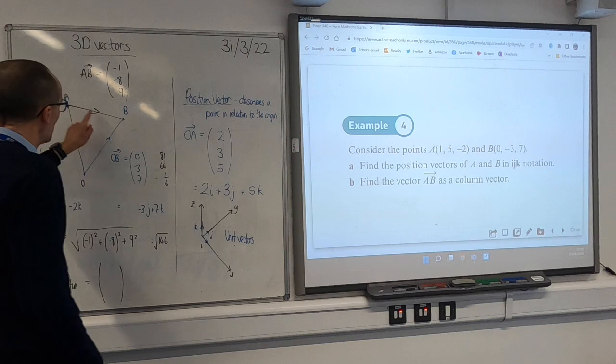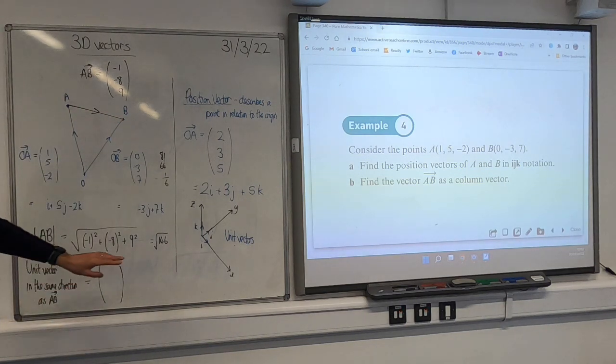So this vector here has a length of, what's that? That would be just over 12, won't it? Just over 12.